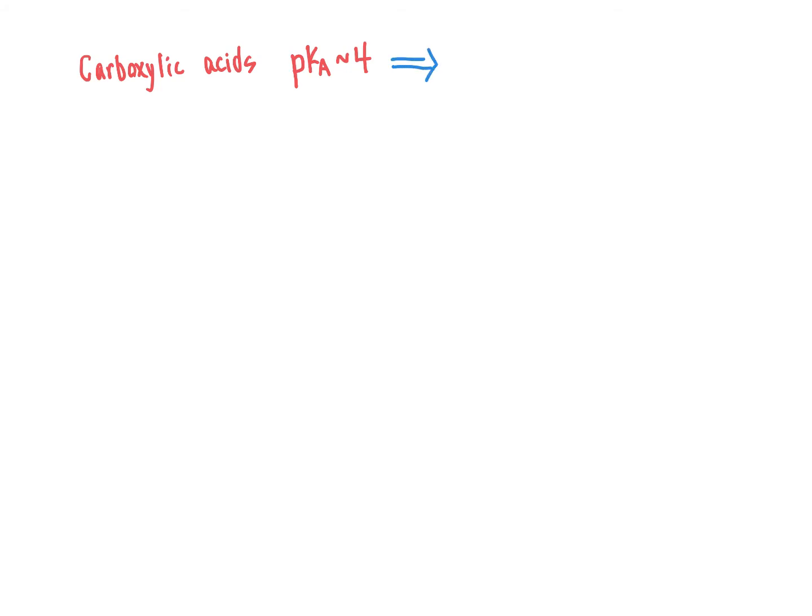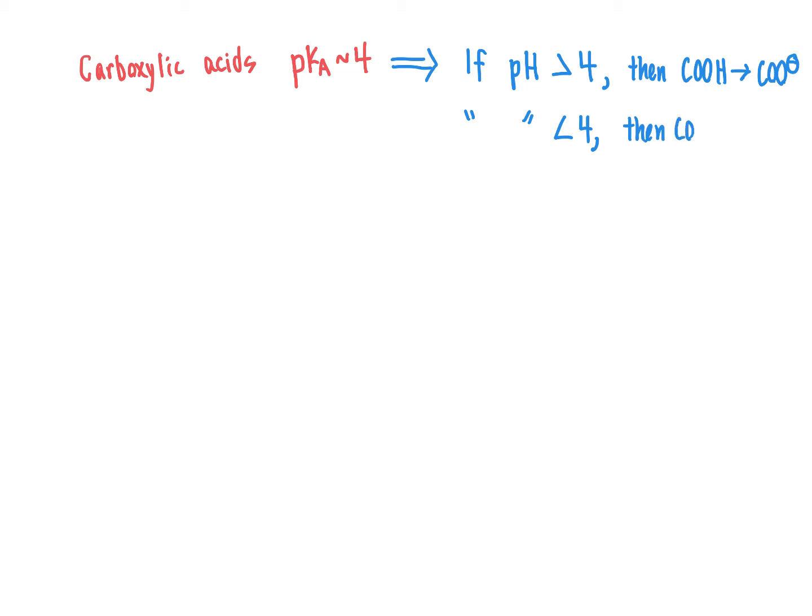That means, with the pKa at 4, if the pH of the solution, such as the physiological condition that the carboxylic acid is put in, is greater than 4, then the proton from the COOH will be predominantly lost. In other words, the COOH will become the carboxylate salt, COO-. On the other hand, if the pH is less than 4, the COOH will remain as COOH.